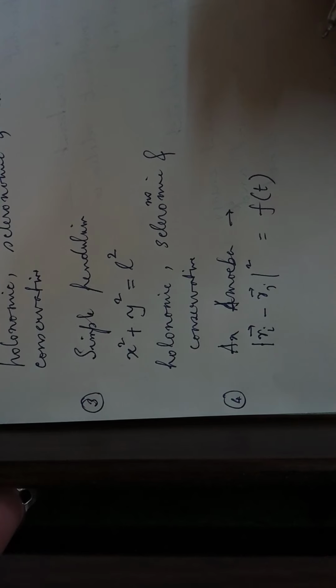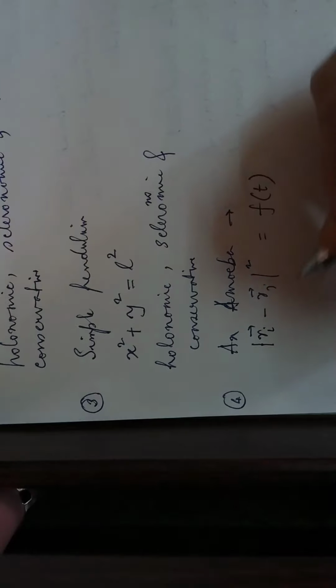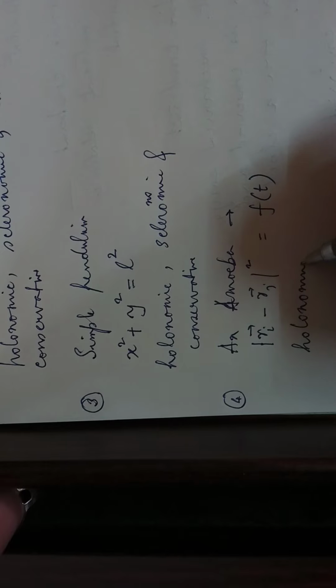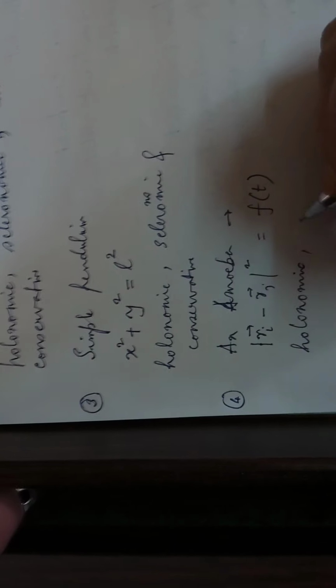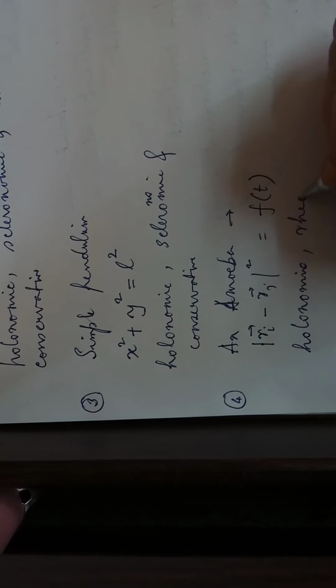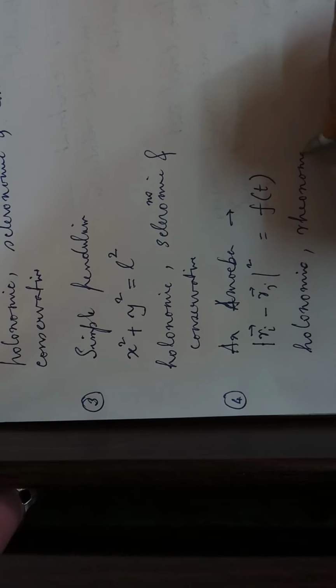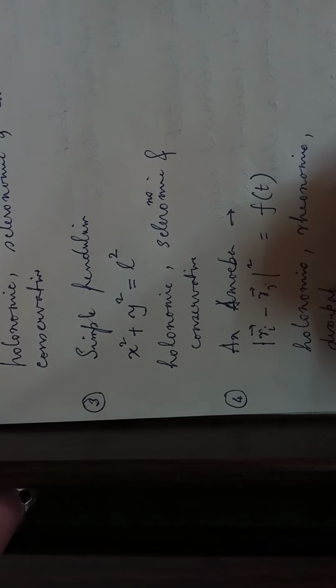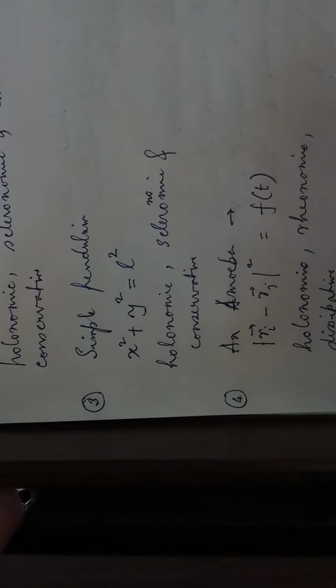So there is a variation. There is no velocity dependence, so this is holonomic. Now it is rheonomic. This is dissipative, no longer conservative. This becomes a dissipative constraint.